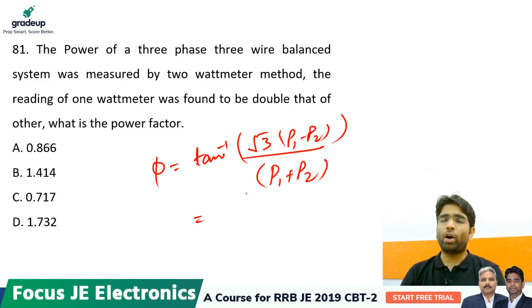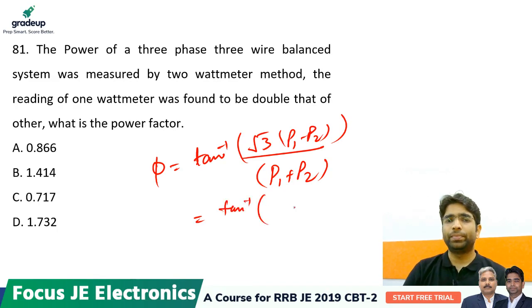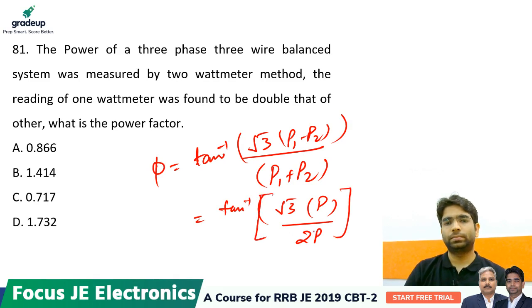Suppose one wattmeter reads double the other. Then take P1 minus P2 as P and here it will be 2P. It will be cancelled out. It will be tan inverse root 3 by 2.